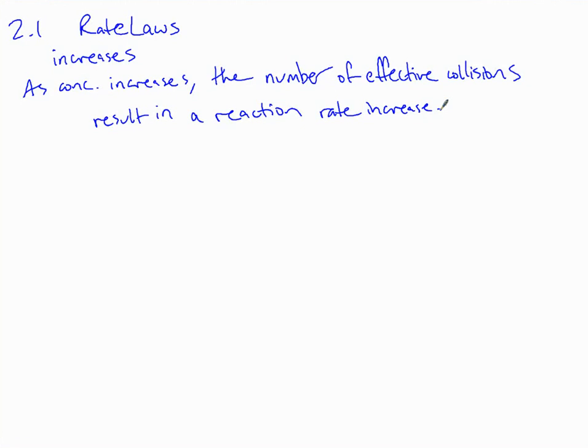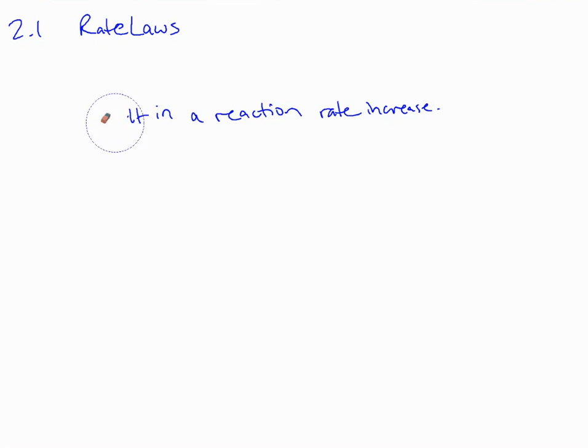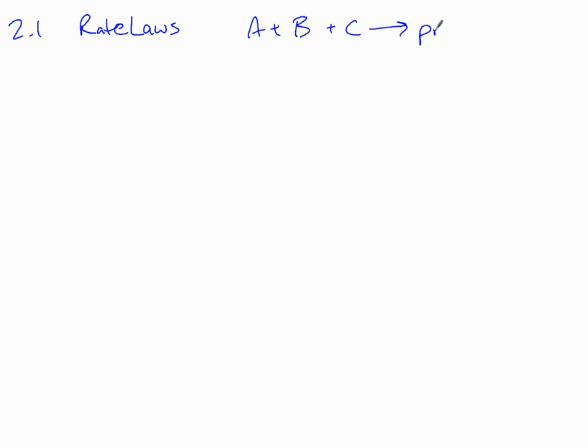So, first example, and it looks like you've got most of the data, so good. Consider reaction A plus B plus C yields some products. What is this? A plus B plus C yielding products. And we've got a data table here.